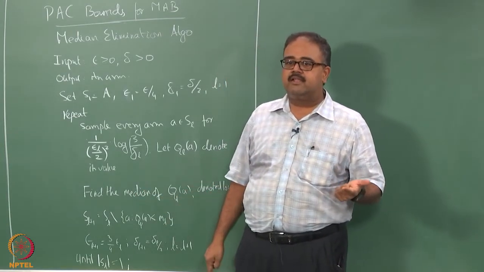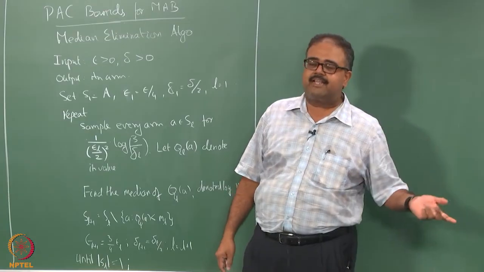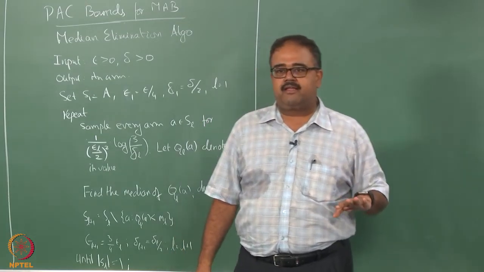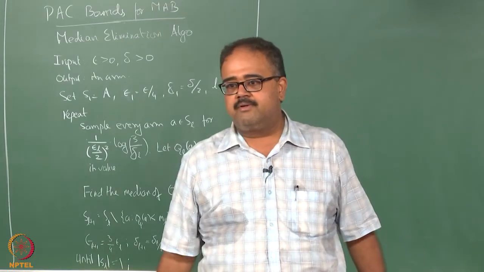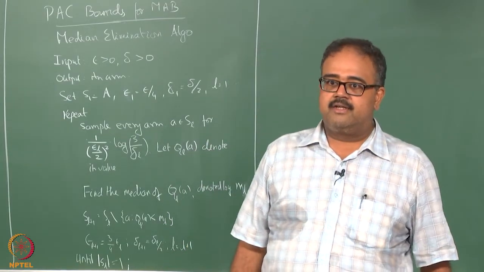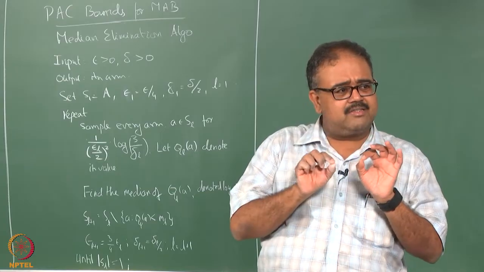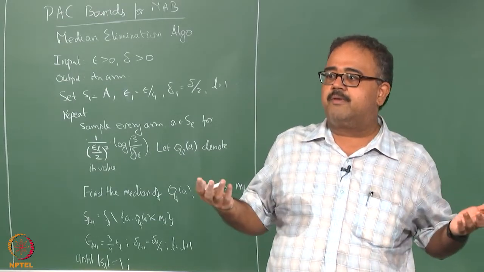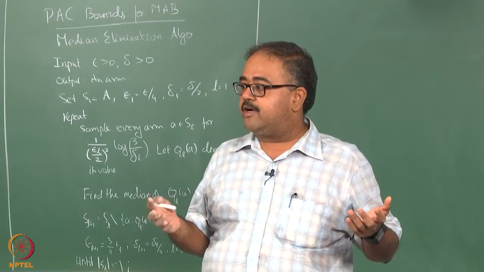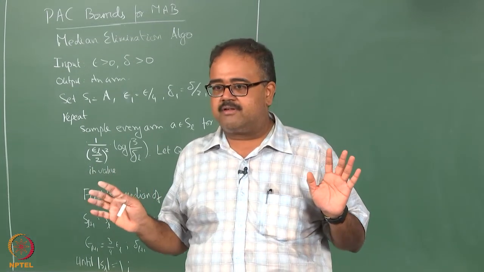In fact, first I will have to show you that this is actually a PAC algorithm, that it actually gives you an epsilon optimal arm with high probability. It becomes a little tricky here because I am eliminating half the arms every time. So now I will have to think about the probability that I have eliminated all the epsilon optimal arms.